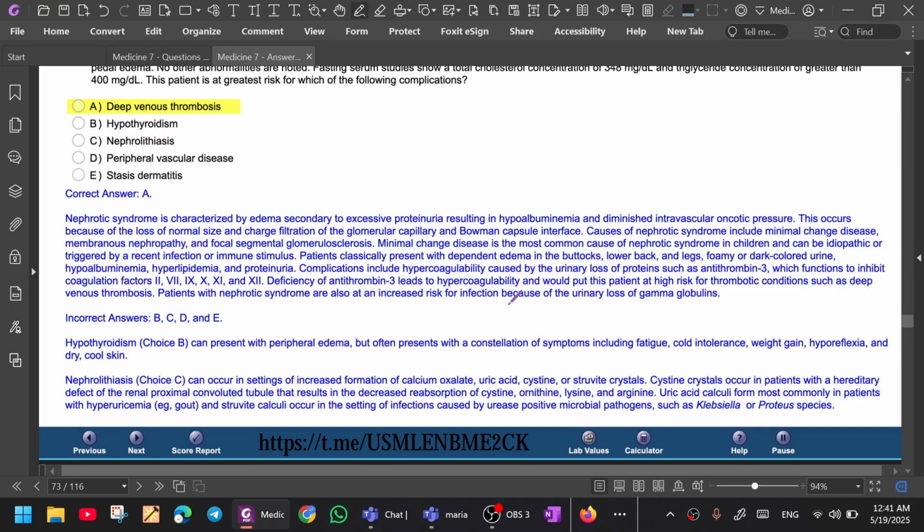Deficiency of antithrombin 3 leads to hypercoagulability and would put this patient at high risk of thrombotic conditions such as DVT. Patients with nephrotic syndrome are also at increased risk of infection because of urinary loss of gamma globulins.